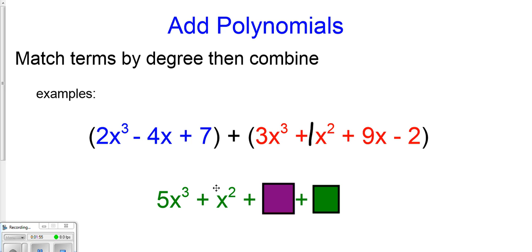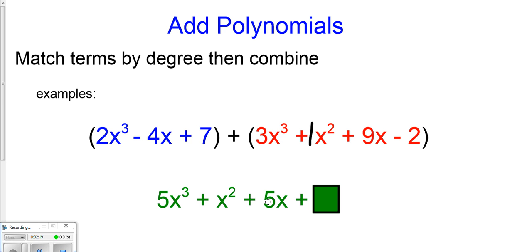So you can either put a 1 here, or you can just leave it as that x squared. The next space then, so degree 3, degree 2, next would be degree 1, or just simply x. Notice, this one is technically negative. We have minus 4x, so it's like negative 4x, and positive 9x. Negative 4, positive 9 would add up to make a positive 5.